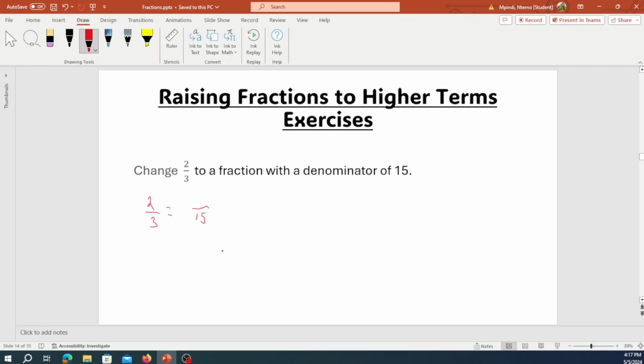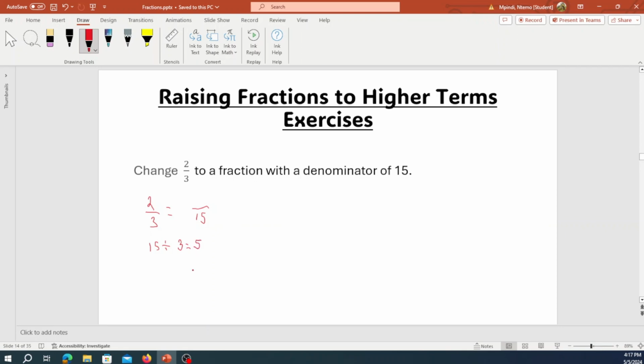Okay, so this is the one. Now, what we're gonna do here is divide by 3, equal 5.